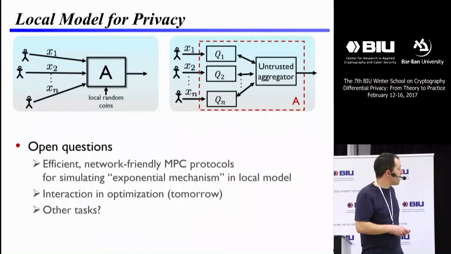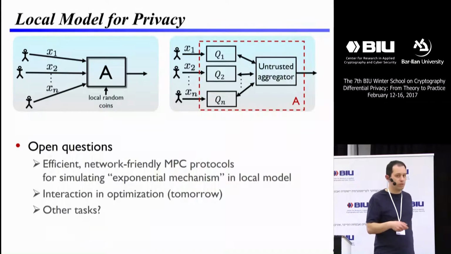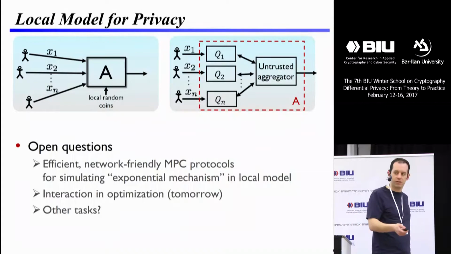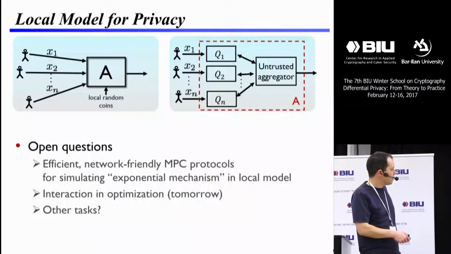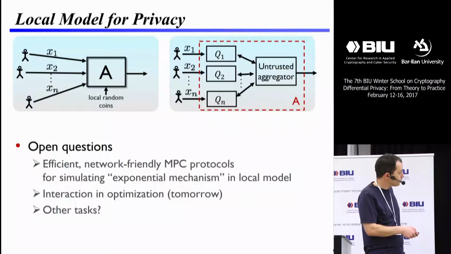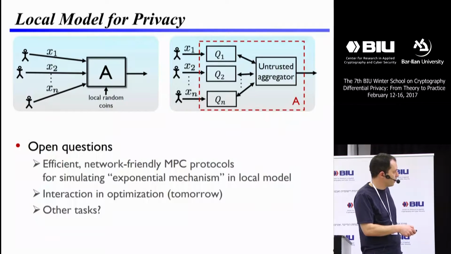Okay. And I'll talk more about some open questions as we go through the talk. But one open question that I won't really get to, but I think is a really cool question for crypto types, of which there are quite a few in this audience, is that if you like multi-party computation protocols, then you will quickly observe that getting the advantages of the local model doesn't necessarily require using the local model.